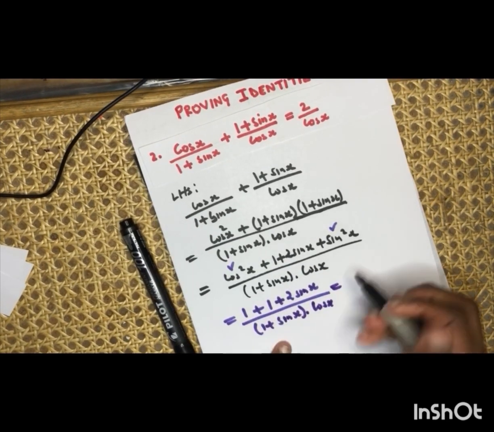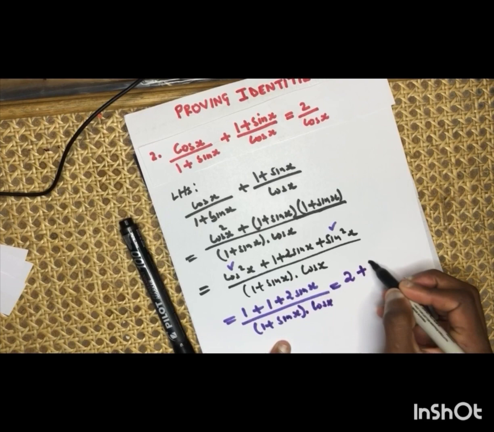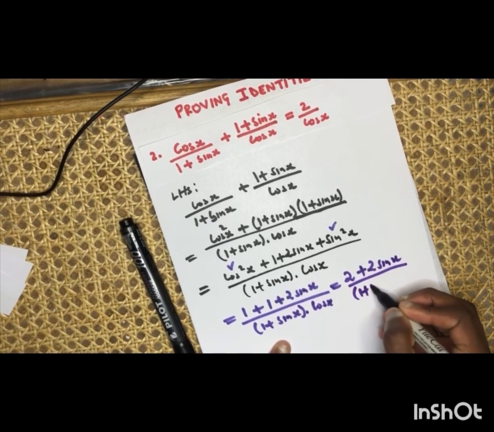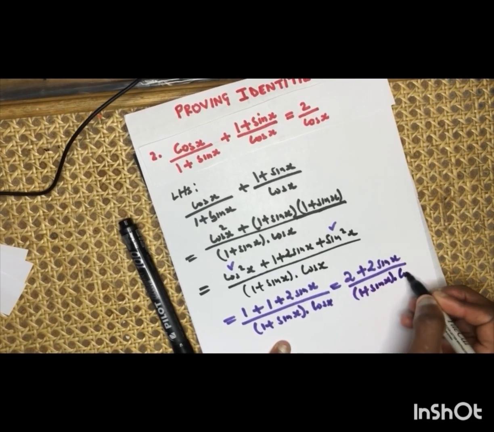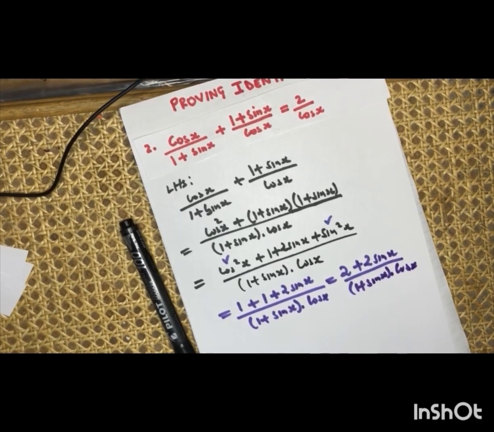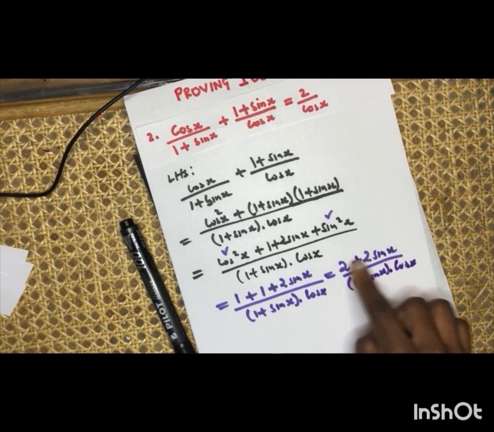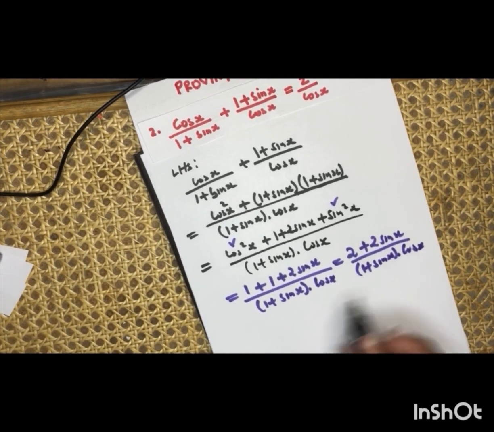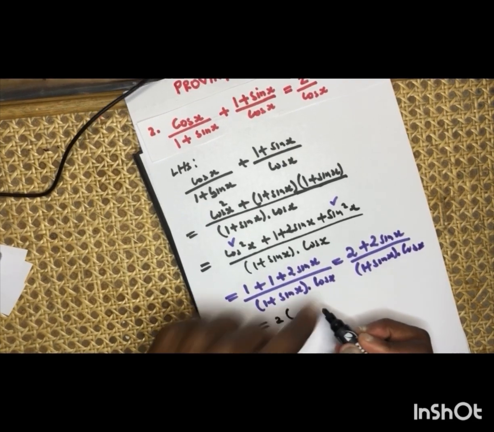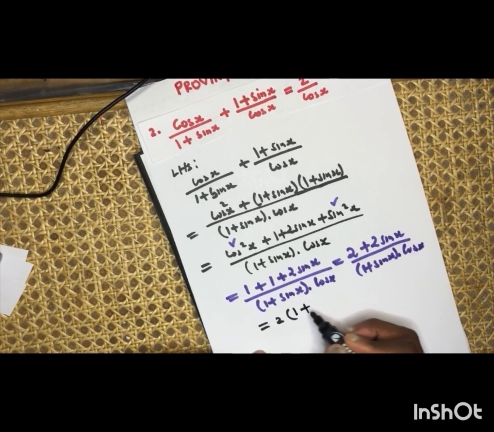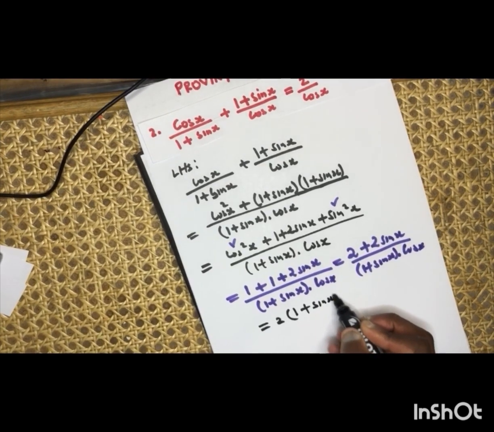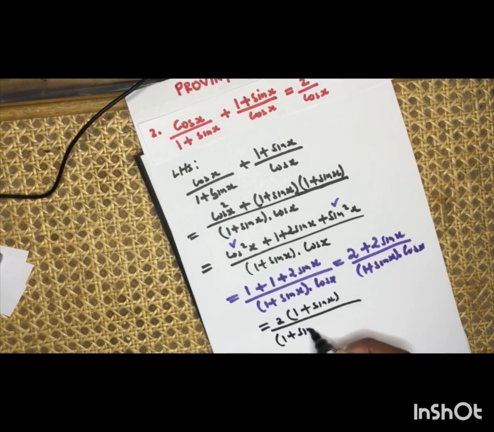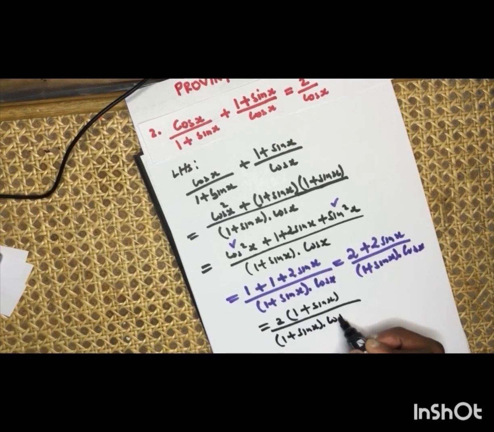So 1 plus 1, you get what? 2 plus 2 sin x over 1 plus sin x times cos x. So what is common here, guys? Can you see that 2 is common? So we're going to factor out 2. If I take out 2, I'm going to have 1 plus sin x, then on the denominator 1 plus sin x cos x.